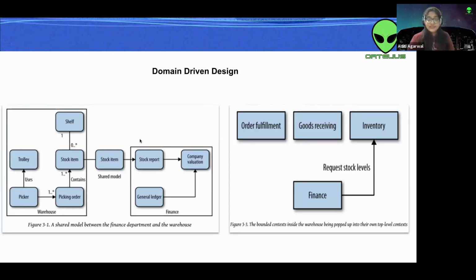So this is a whole view of this, and since we have these two bounded contexts inside this whole context, the context map is something which tells us about the overall picture of our complete domain.